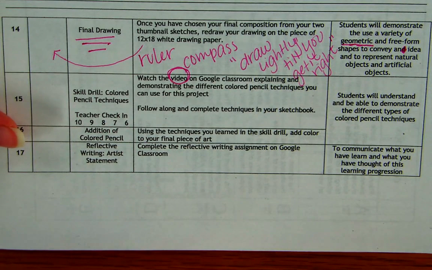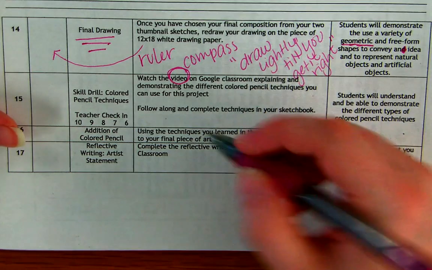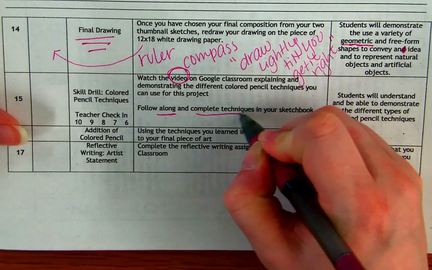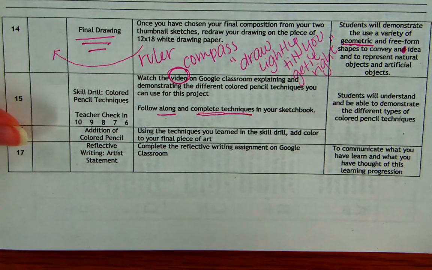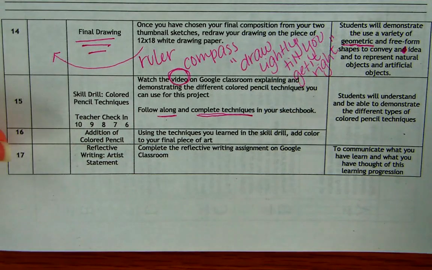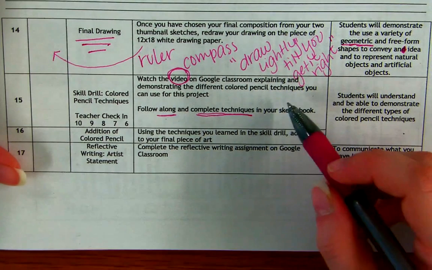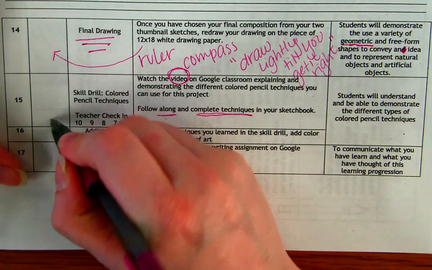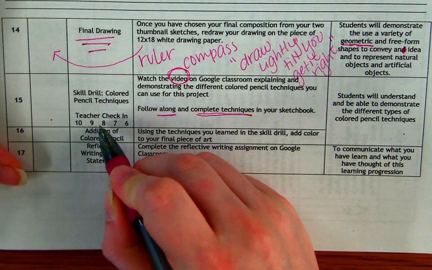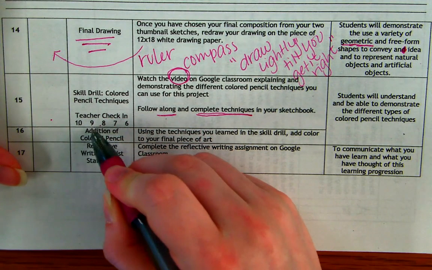So you're going to watch the video, and I'm going to demonstrate different techniques that you can use. You're going to follow along and complete these techniques in your sketchbook, because I want to know that you can complete the technique and the skill. So you need to physically do the skill. Once you are done, you will check in with the teacher, and I will grade it based on a 10-point scale.